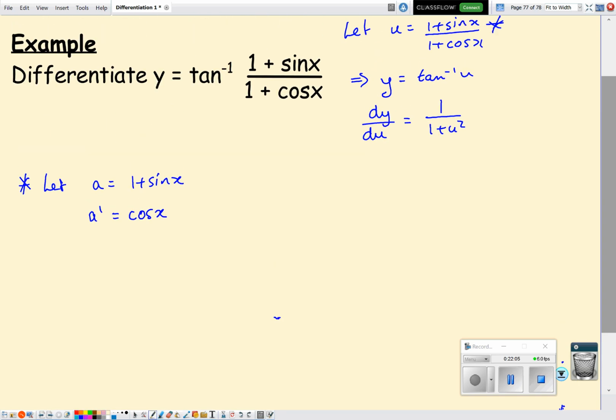So b equals 1 plus cos x, b dashed equals minus sine x, and b squared equals 1 plus cos x all squared.